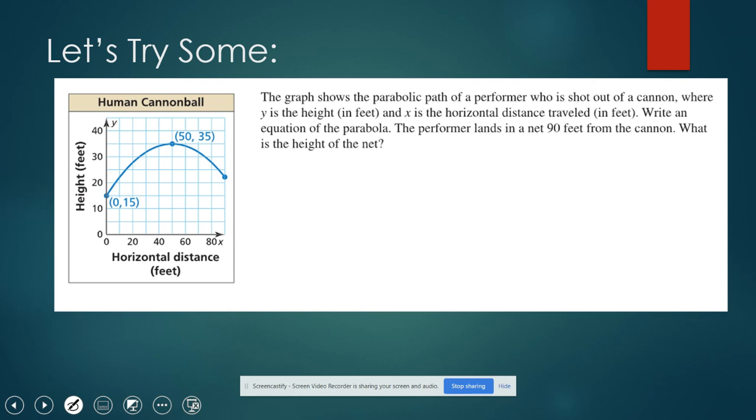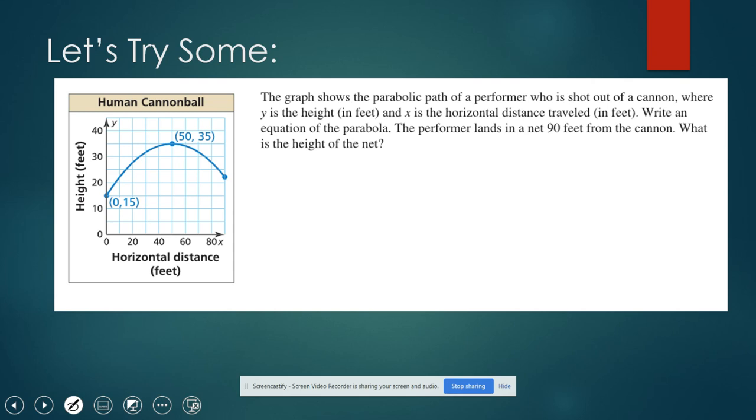So we're talking about a human cannonball. They plotted from the time the person left the cannon, 0 time, a height of 15 feet off the ground, all the way until they landed on one of those big fluffy pillows.